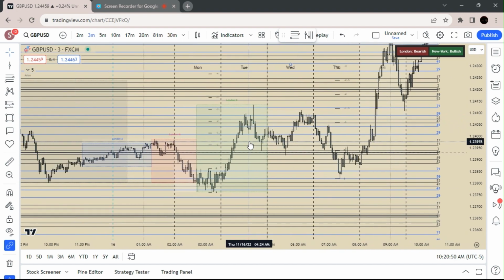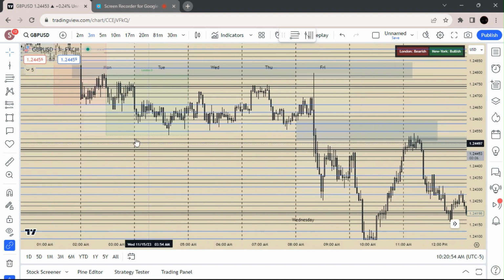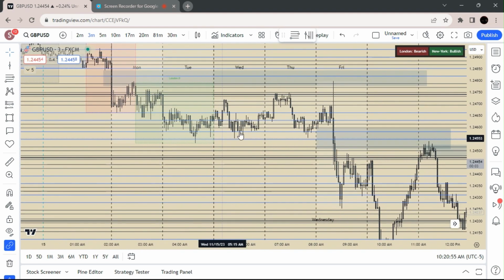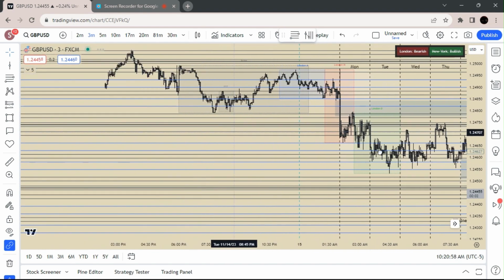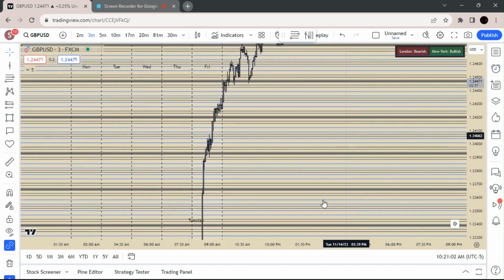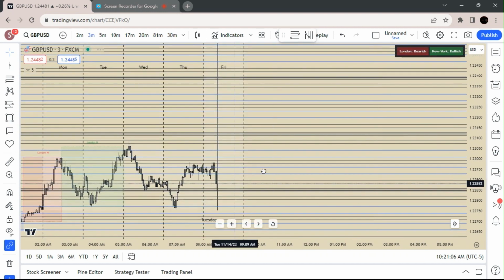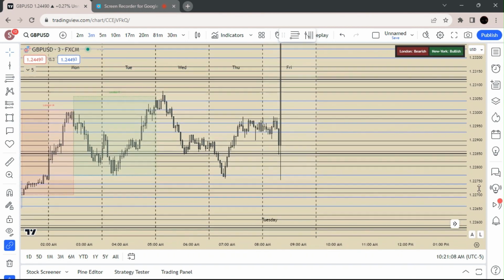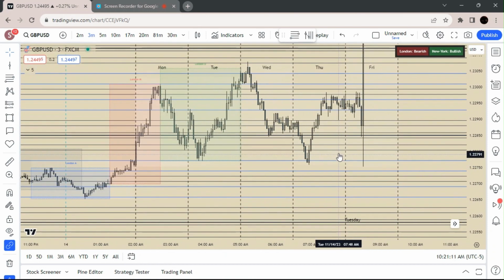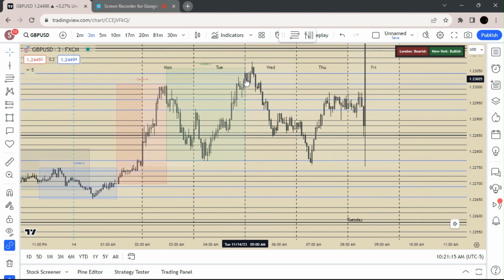That's just one example. I'm just gonna scroll through and just find examples. See, this was news. I'm not really gonna go over that one. There was a lot of news this week for New York, and I don't particularly trade New York or news, but I guess you see how price was consolidated for a while.